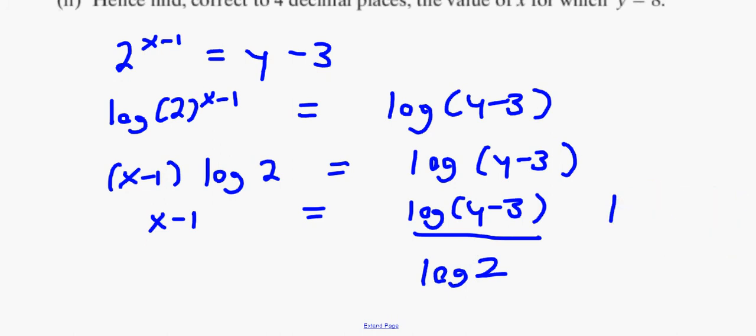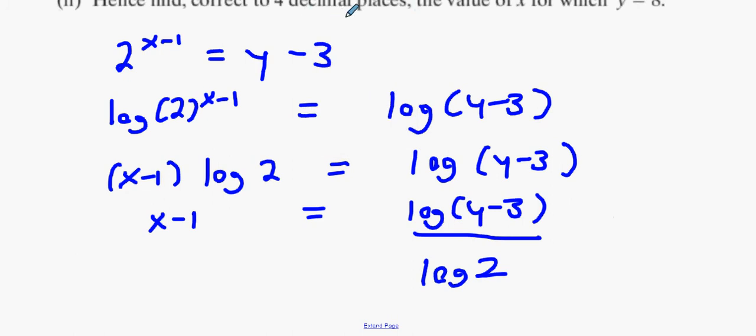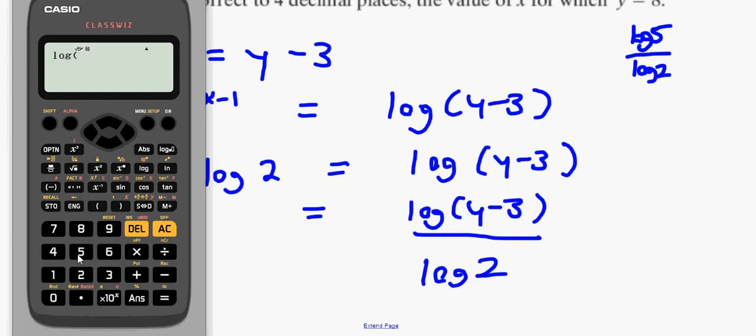If you're wondering whether you can do it or not, here's what you should do. You should get log 5 over log 2. Now what is log 5 divided by log 2? Anybody? Just put it in the calculator. Really quickly. Log 5 over log 2. There we got 2.3.